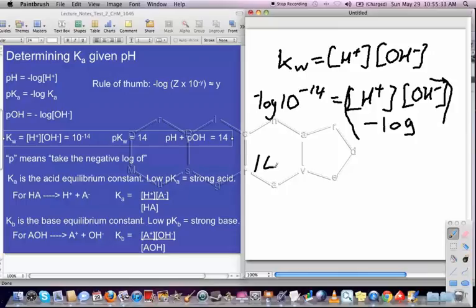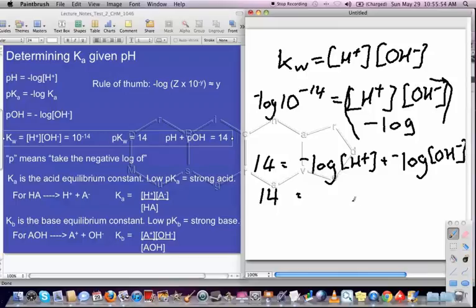I'm going to end up with 14 equals negative log of H plus plus negative log of OH minus, which means that 14 is going to equal the pH plus the pOH. This is good because what it means is if we've got the pH, we can find the pOH just by subtracting the pH from 14 and vice versa. So this is a very good equation to be aware of.